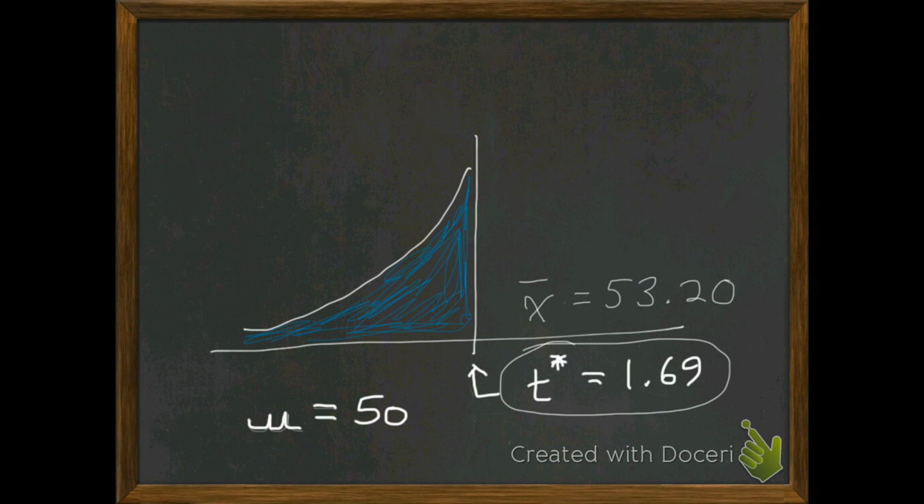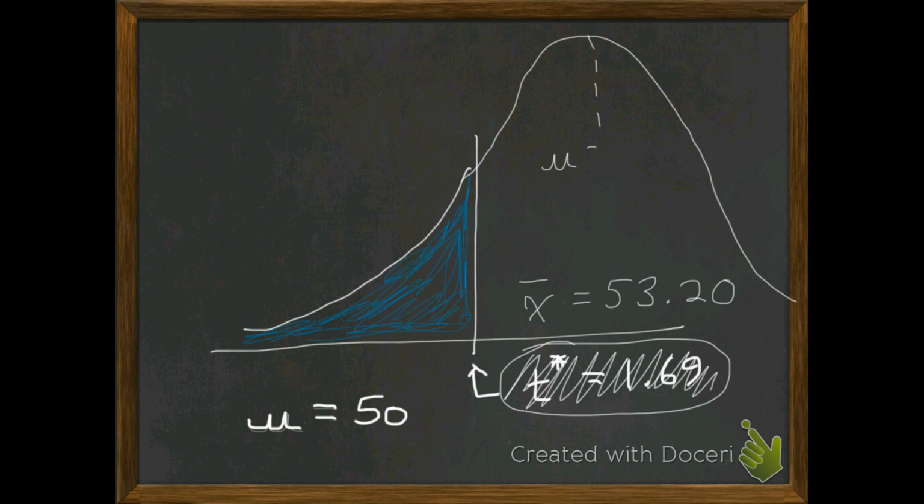Nothing. Tell me why. Well, it's no good, because that's the location in terms of standard errors in the distribution with mean of 50. But we're doing all of our calculations now in the mean of 55. So what do we need to do now?